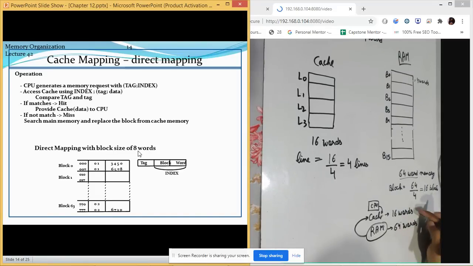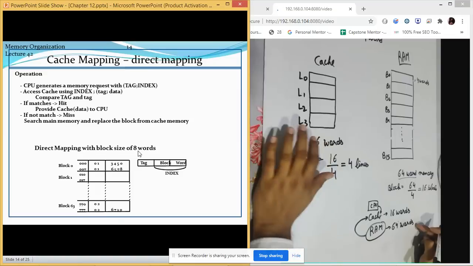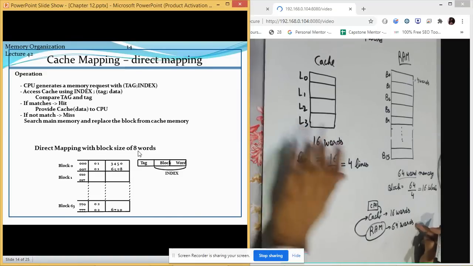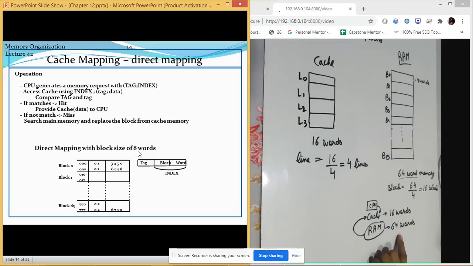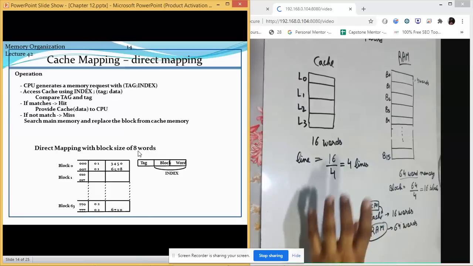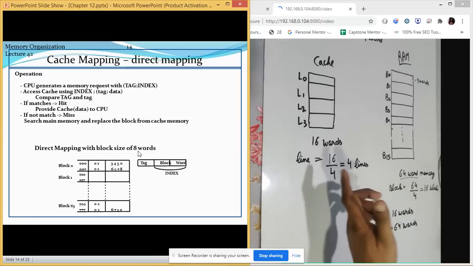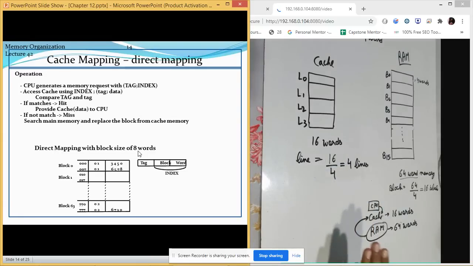So at max we can have 16 words inside the cache, but the RAM contains 64 words. We need a mechanism to store, out of these 64 words, only a maximum of 16 words inside the cache. So we need a map for this, that which data will be stored at which location. That is what we are going to do.